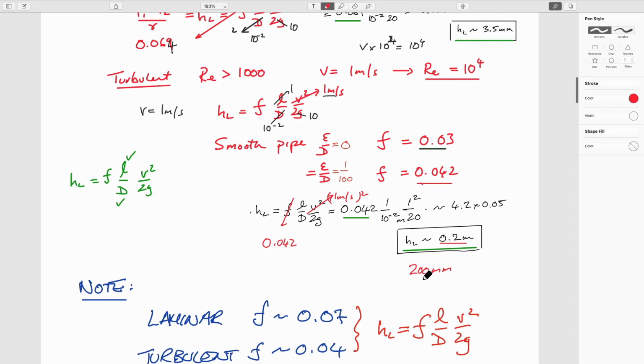And so, not surprisingly, if you're trying to push it faster along, the head losses are larger, and you would have to provide more power if you had a pump providing that motive power to move it along from one side to the other.